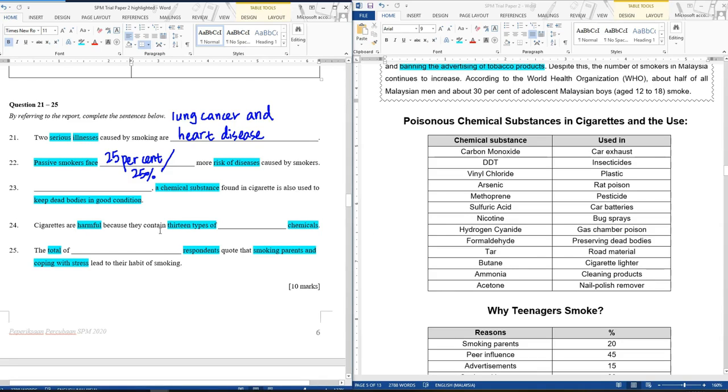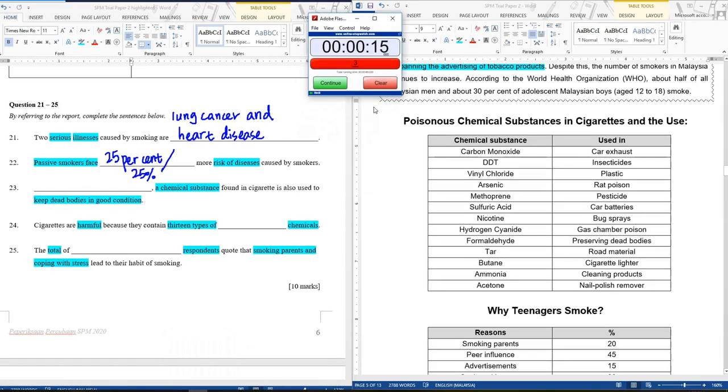Cigarettes are harmful because they contain 13 types of chemicals. So there's something here that is describing the chemicals. I'll give you 15 seconds, alright? Try to see if you can find the keywords that are the same as the one in the questions here. So 15 seconds starting now.